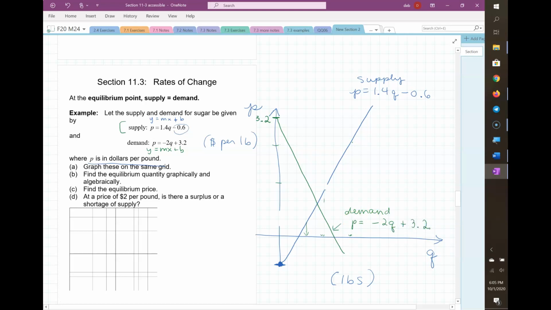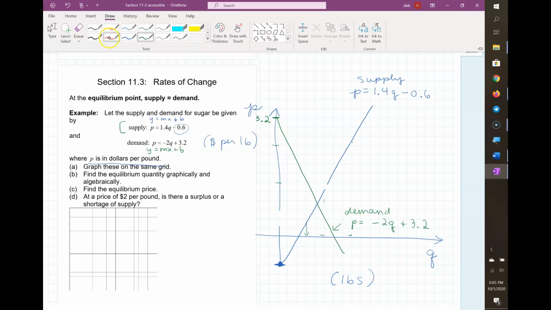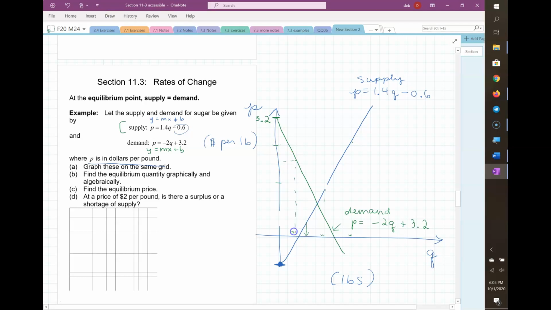Now let's see if that function makes sense to you as the consumer. So if the price is high, you don't want very many. And then if the price is lower, you want more. And if the price is even lower, you want even more. So it makes sense that supply always has a positive slope, and demand has a negative slope.